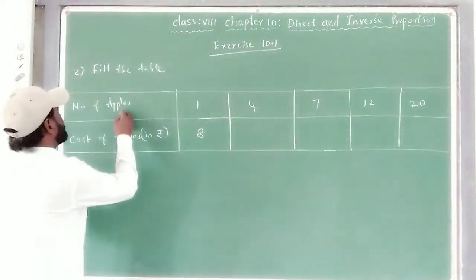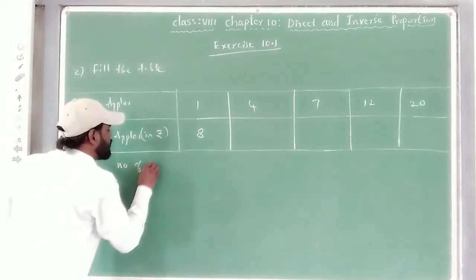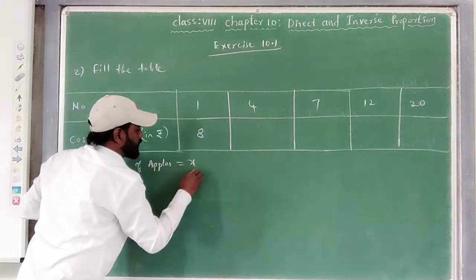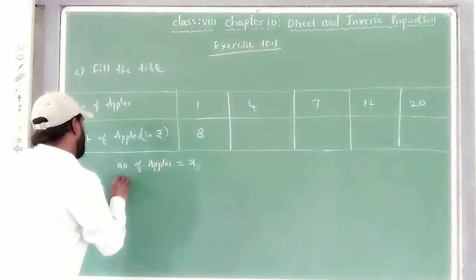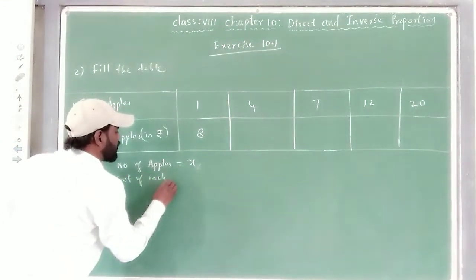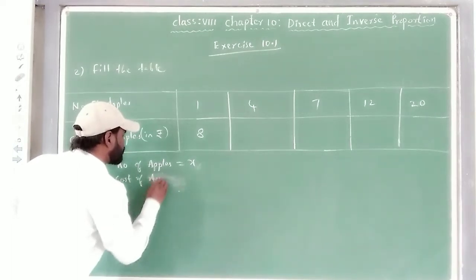Here you see, the number of apples I am taking as x, and the cost of apples as y.